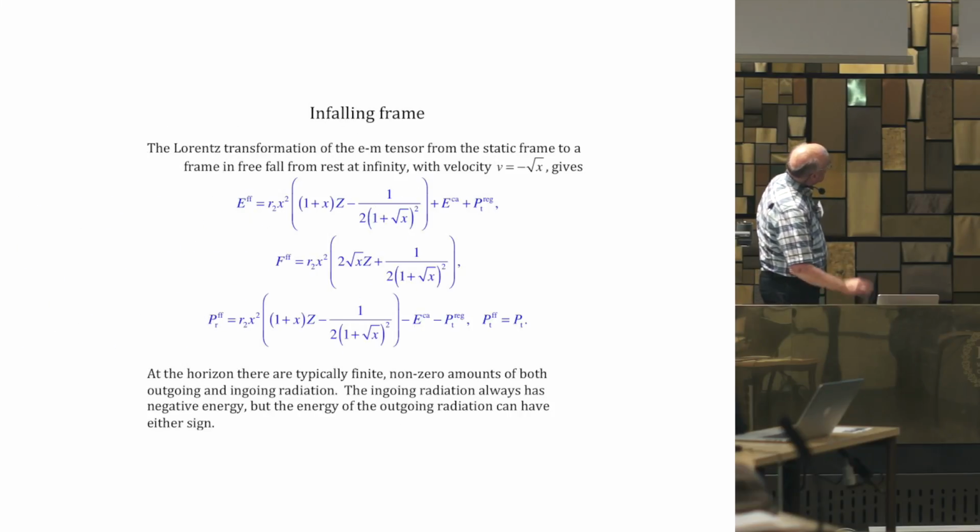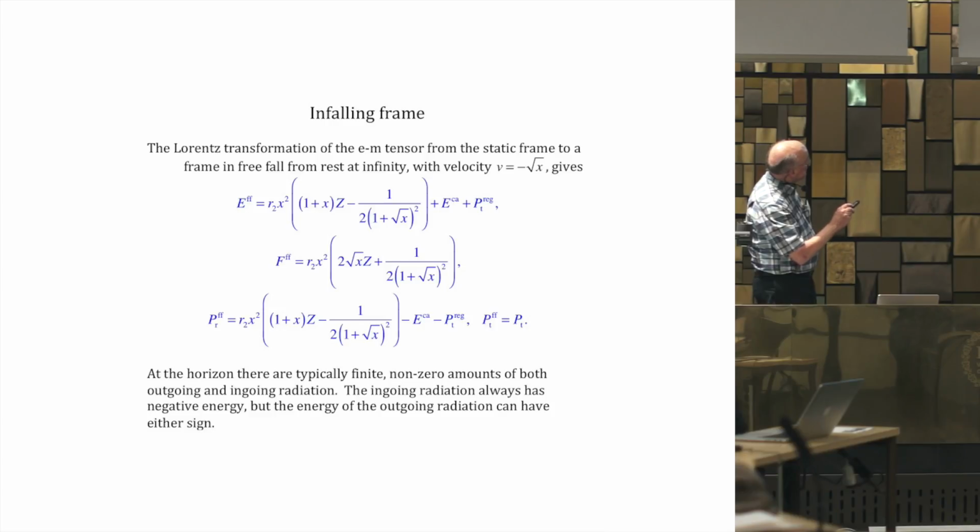So now we can also look at the energy band tensor in a freely falling frame, where there are no singularities. And I just point out that in terms of the quantities we defined, you can write this in this way.